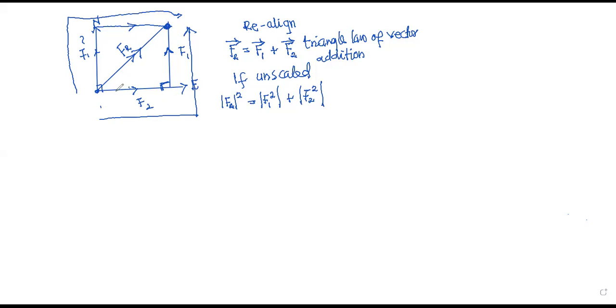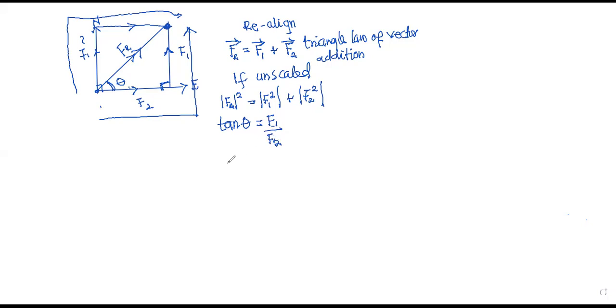The direction of the resultant, we can determine from east or from north, whichever way you want to look at it. If it's from the east, let's represent the angle the resultant makes with the east using theta. Once we have the adjacent and the opposite to this angle, we can use tan theta, which is the ratio of the opposite side, F1, to the adjacent, which is F2.